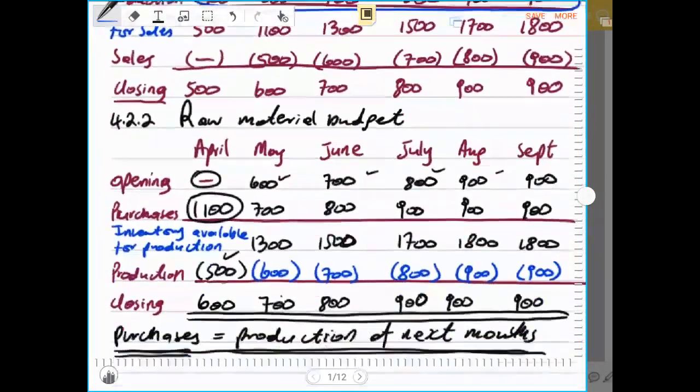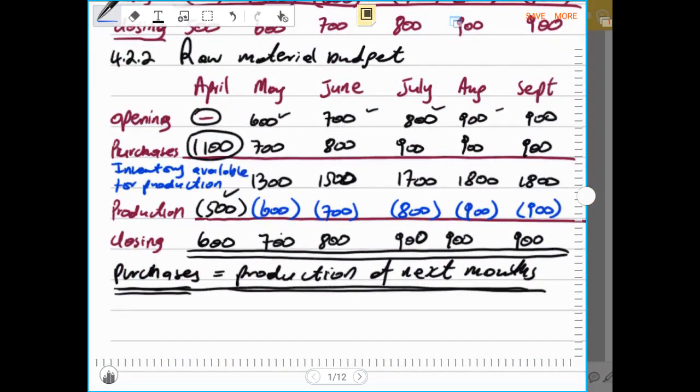With that being recorded, the reason why I said that purchases is equal to production of the next month is because it has to be such that after we said opening plus purchases, we get to 1,300. And now we have to subtract production for this month. Production of this month in terms of material is equal to the opening.